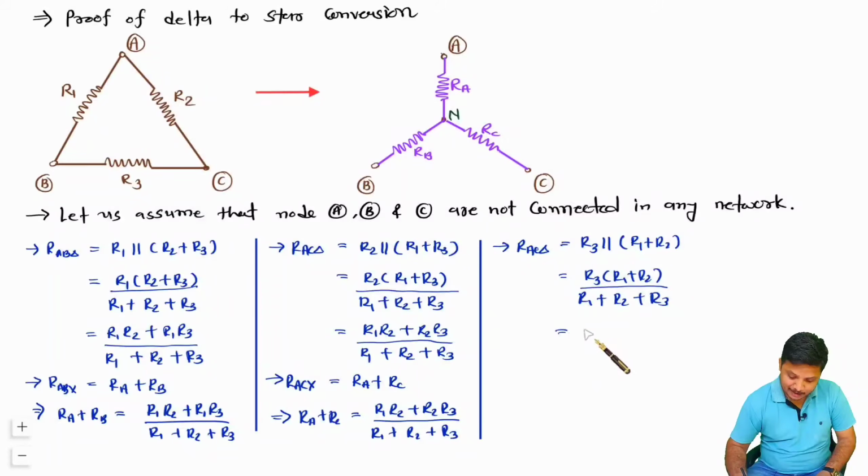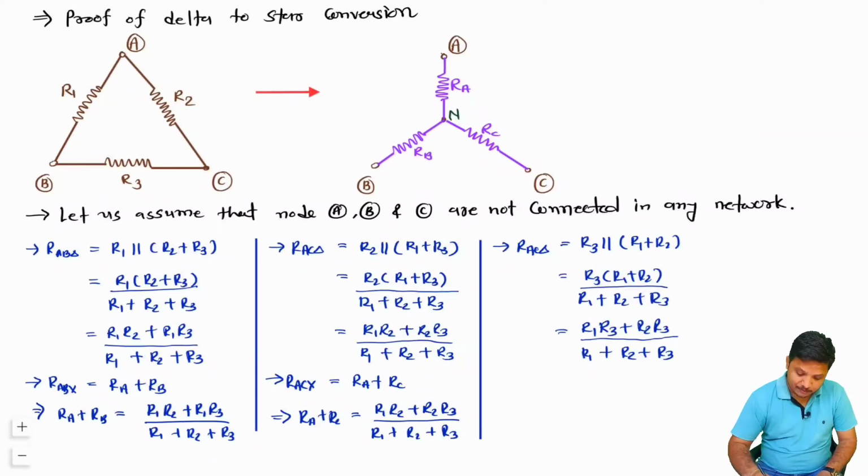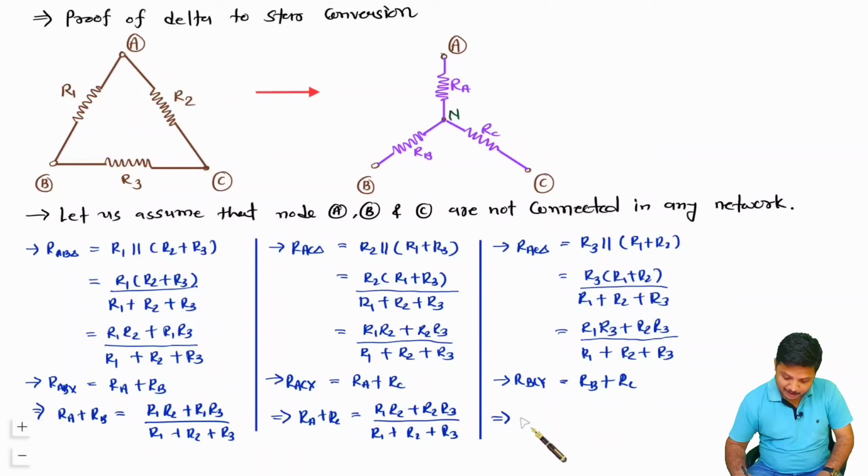So I can say that this is R1 R3 plus R2 R3 divided by R1 plus R2 plus R3. And if you see this calculation in star, then in between B and C, RB and RC are in series, and this is not connected. So in star, the equivalent resistance in between B and C is RB plus RC. So I can say RB plus RC equals this.